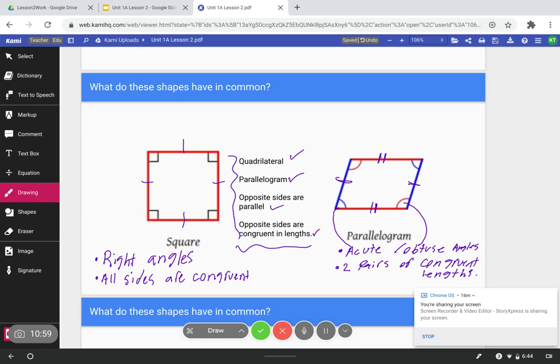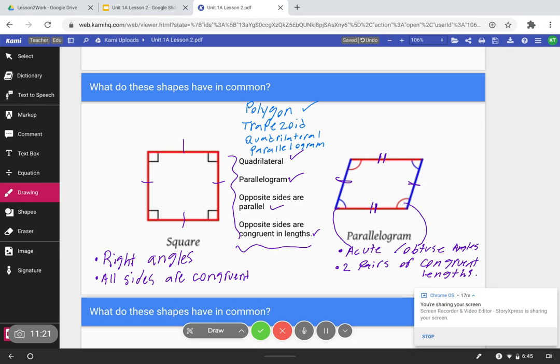But let's also take a second to list the categories that these shapes are in. So what are the common categories that they have? I'm going to list them at the top. Both of these shapes are polygons because they have at least three sides. Check.